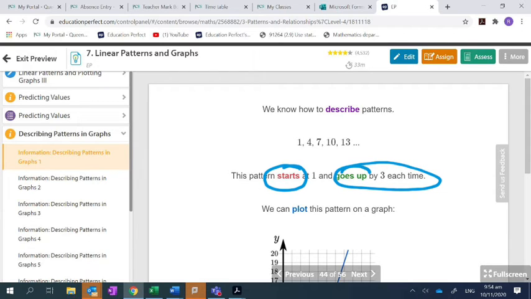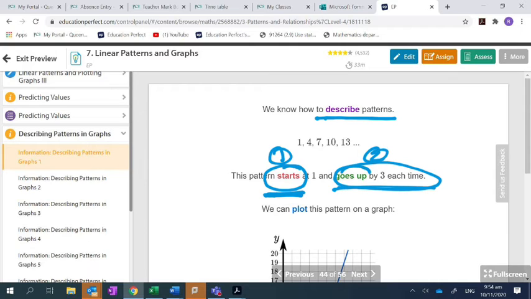Okay, what else could it do? Go down, right? Goes up or down by a certain number. Okay? So in your notes, when you describe a pattern, you must have a start, first of all, and second, tell how much it's changing, either going up or down.